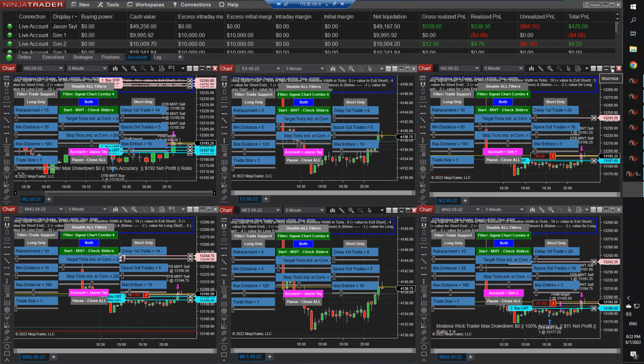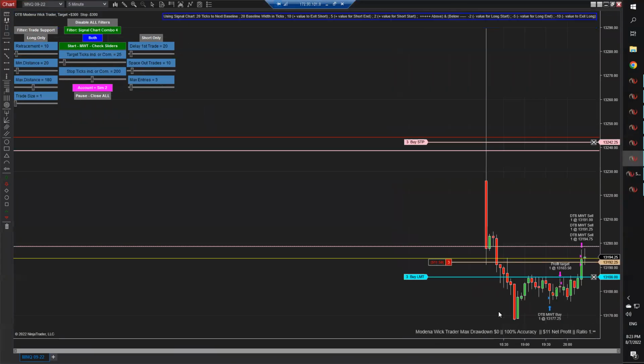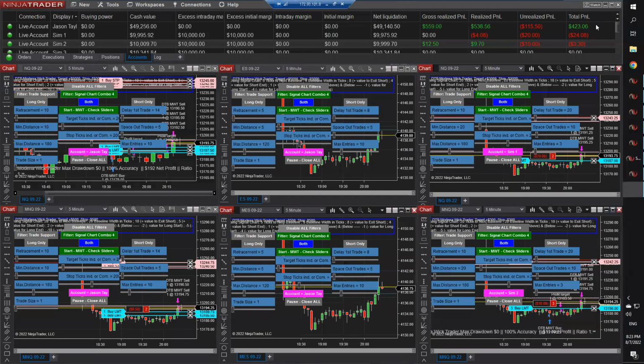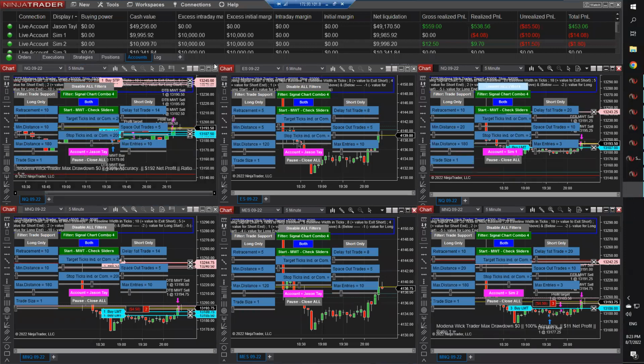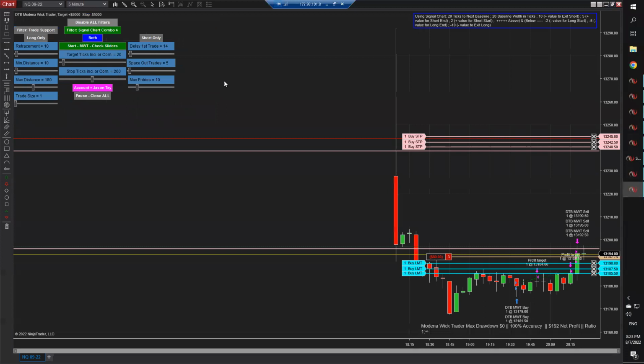This one is currently in a position. This one's currently in a position. Yeah, so we'll just let those run. It's early days so far. We're just going to continue to let them run and see how they actually progress.